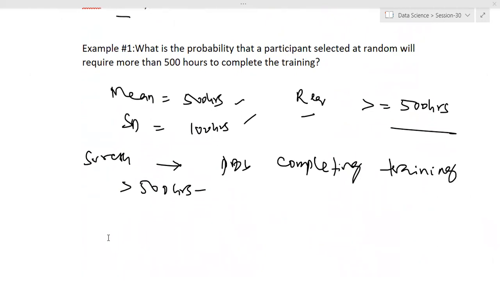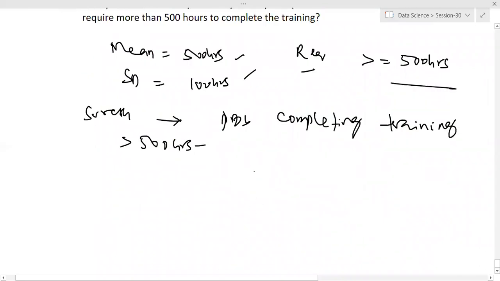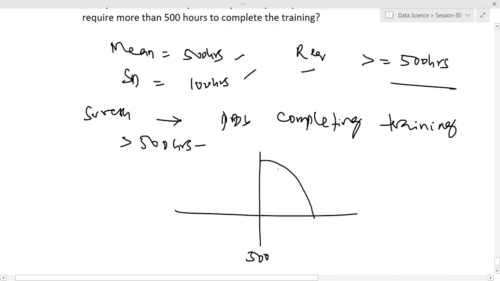What is the mean value here, friends? If you observe this point, we have the mean of 500 hours, and I want to get greater than 500 hours. Maybe this goes up to 700 hours or whatever, never mind.